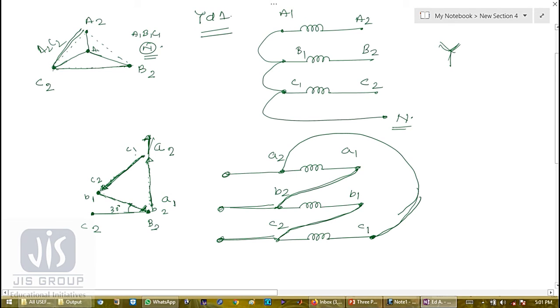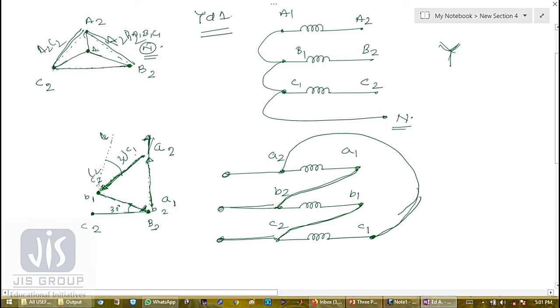So suppose we consider somewhere here is the primary side A2C2, so in 30° this. So similarly, A2B2 is my line voltage A2B2. So this is my A2B2.